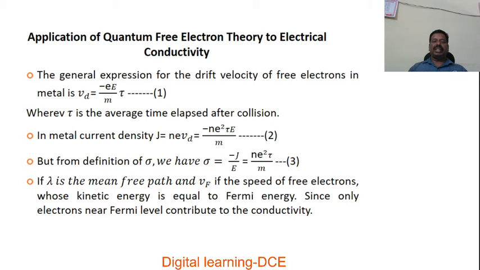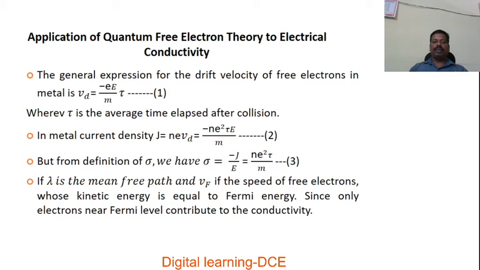But from the definition of electrical conductivity σ, we have σ = -J/E. It is the ratio of the current density to the electric field. The current density gained per unit electric field strength is what we call electrical conductivity, represented by the symbol σ.